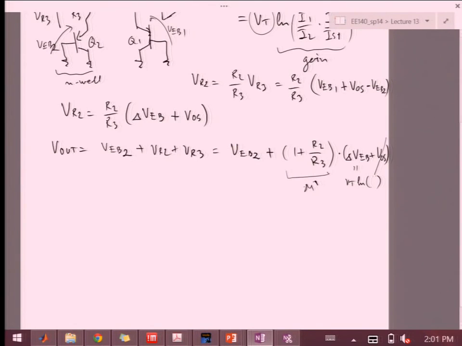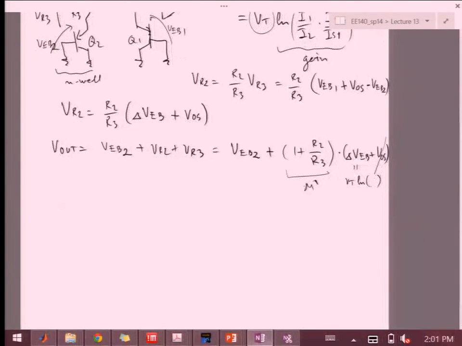Now, what's really happening here is that with this type of circuit, we've kind of separated out a little bit this gain M prime with which we multiply the offset voltage from the total gain on VT. Right? You see that only 1 plus R2 over R3 multiplies the offset voltage. But we also have this extra gain factor from the log that multiplies the VT.